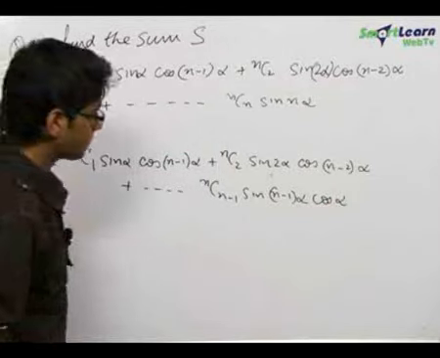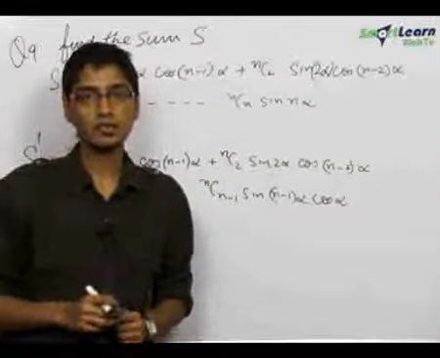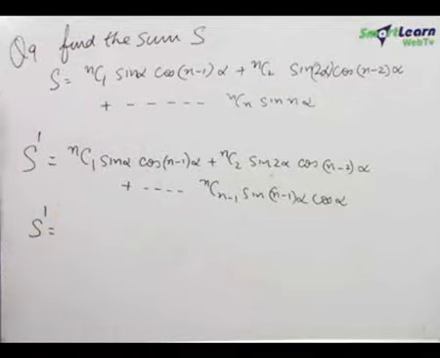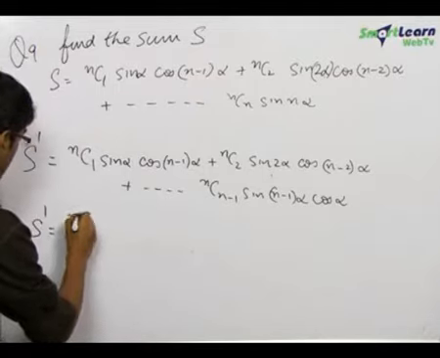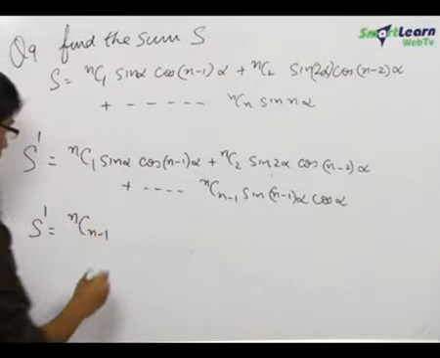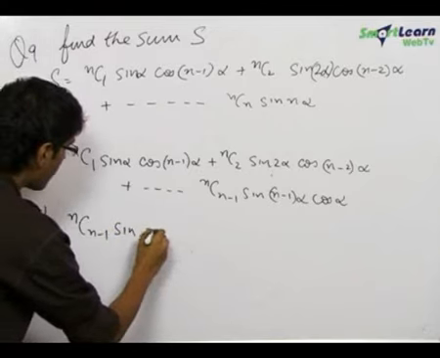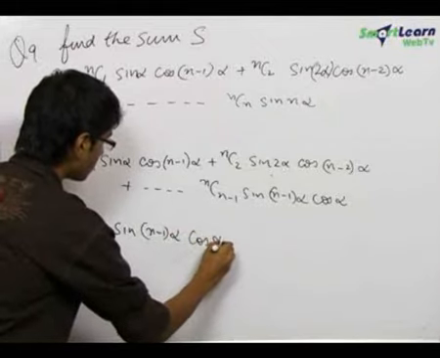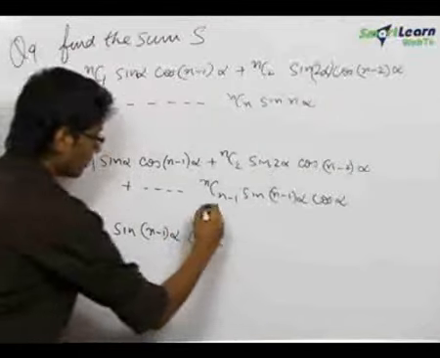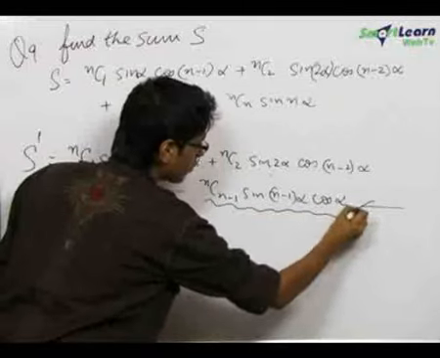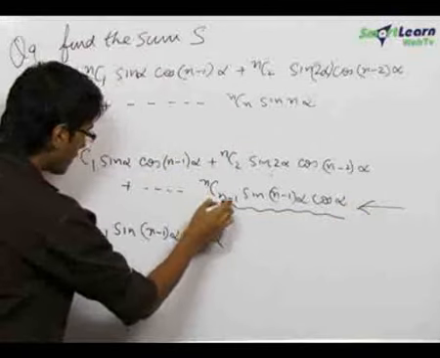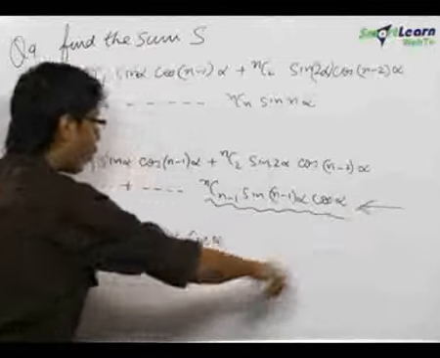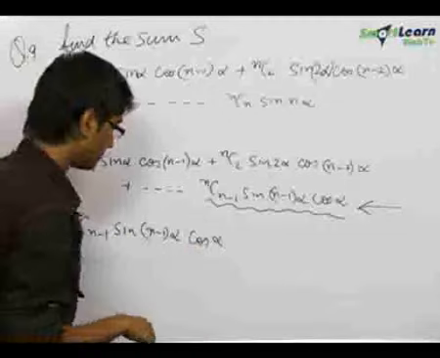Now what we do is, we write this whole expression in the reversed form, that is S dash is equal to nC(n minus 1) sin of (n minus 1) alpha into cos alpha. What we are doing is, we are looking at the terms in the reversed order. Here we have nC(n minus 1) sin (n minus 1) alpha cos alpha, and we are writing this whole expression in the reverse format.